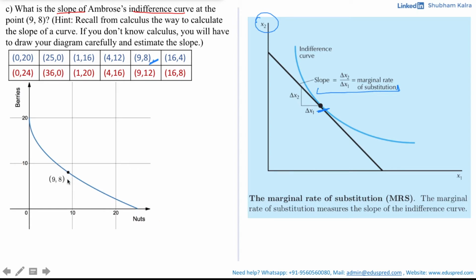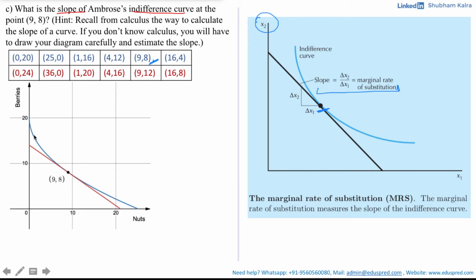We have to find the slope of this indifference curve at this very point, which means if I draw the tangent, which is this red line, I have to calculate the slope of this tangent, and the slope of this tangent will be equal to the slope of the indifference curve at the point 9, 8.